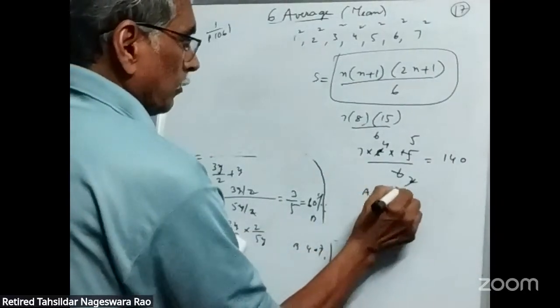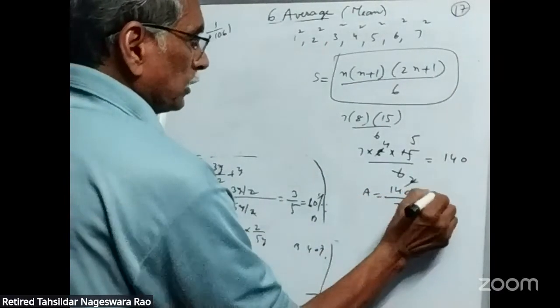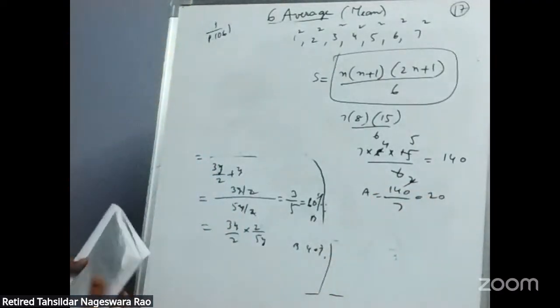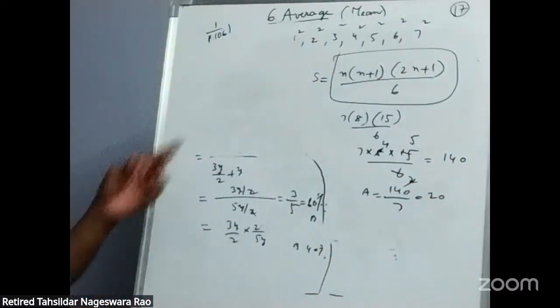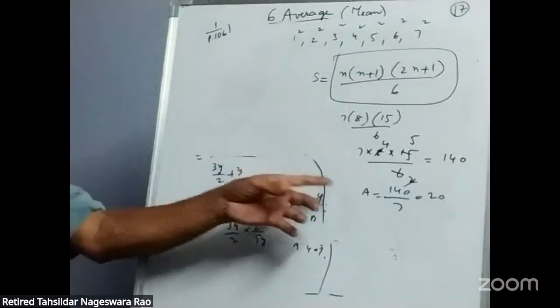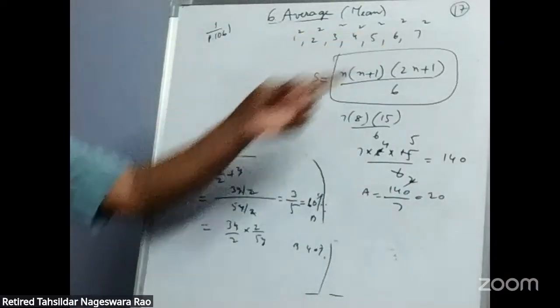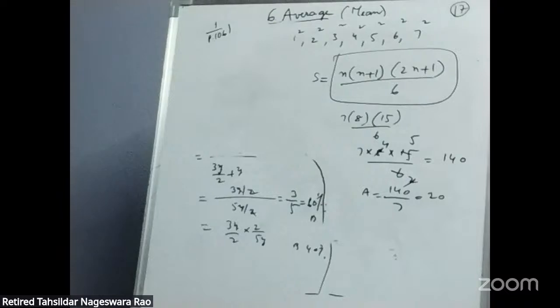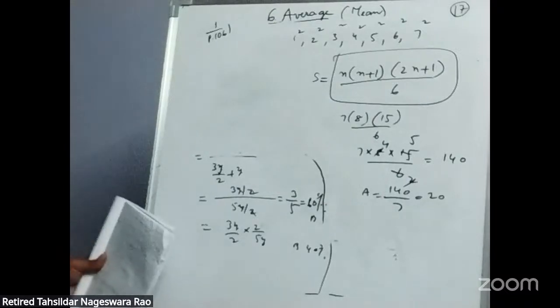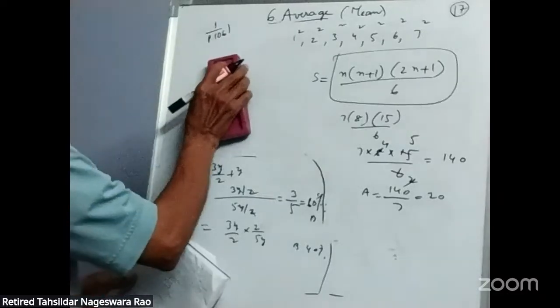Average will be 140 by 7, which is 20. Among squares of natural numbers, the average will be 140 by 7, which is 20. That is the first problem.